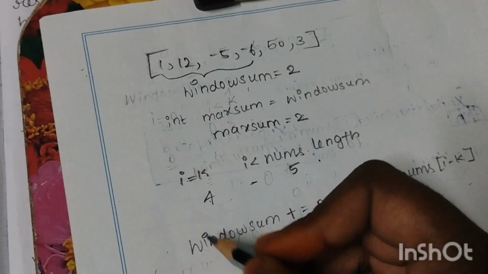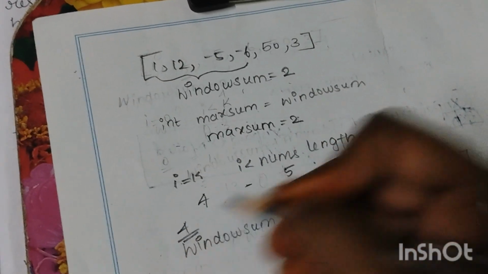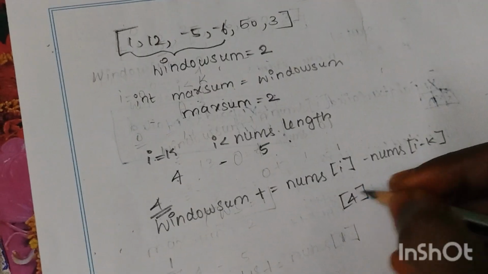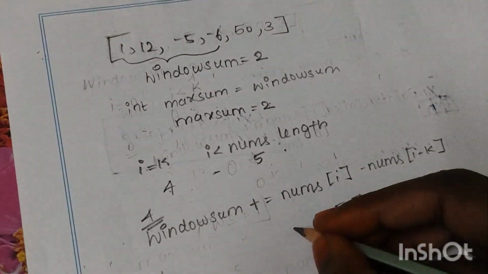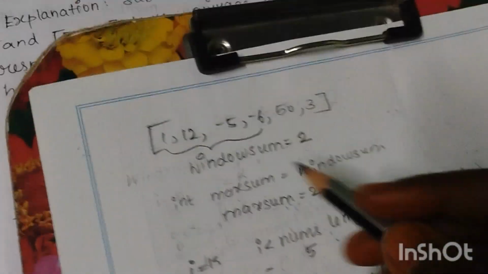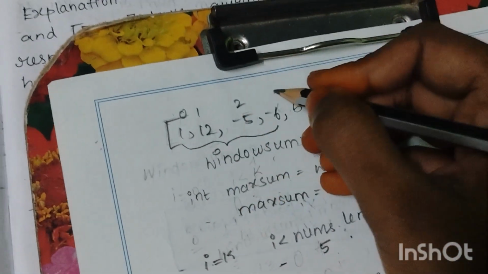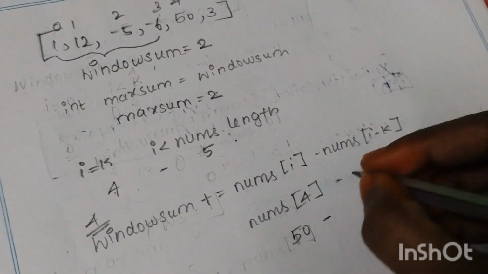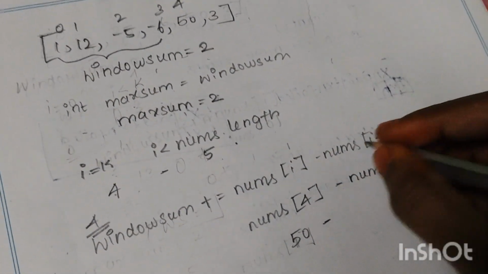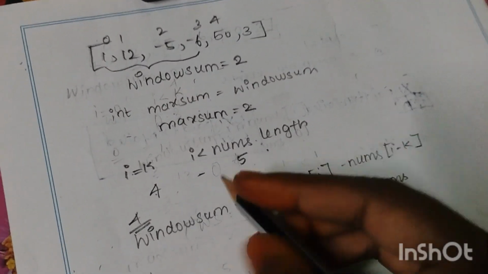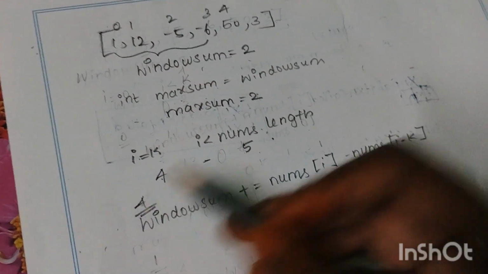So our first i is equal to 4, means nums of 4. We are adding the nums of 4. So 0, 1, 2, 3, 4. We are adding 50 and removing nums of i minus k. i minus k means here i is 4, that is our i.